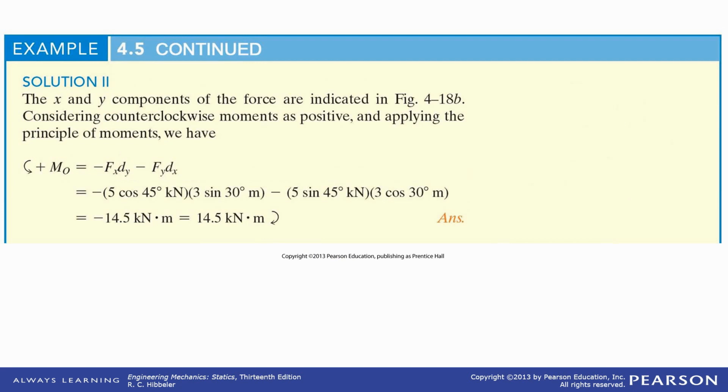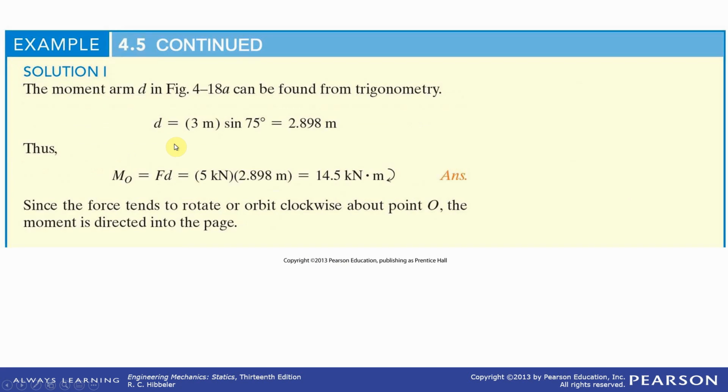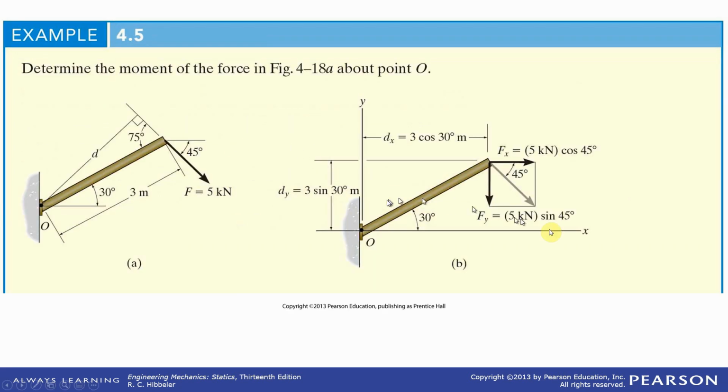And of course, these are a couple other ways to look at the solution. You'll notice, let's go back. Here we go. We could simplify this. This is dx times fy. We only have to worry about the perpendicular distance. We've got two forces.